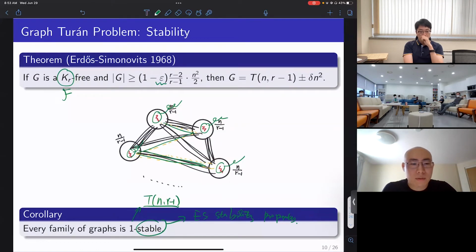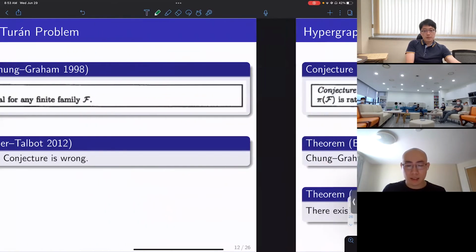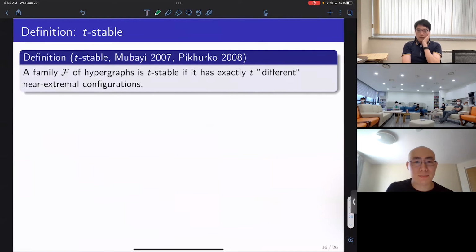For graphs, we say every family is one-stable. One means you only need one structure to approximate every near extremal construction. So here it is natural to guess t means you need t constructions to approximate every near extremal construction.